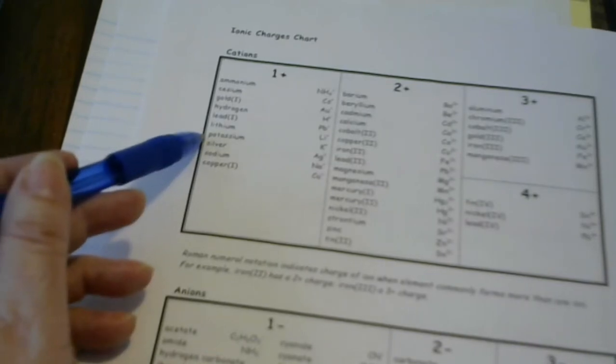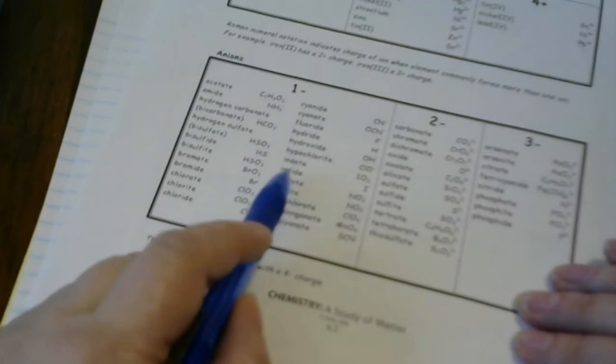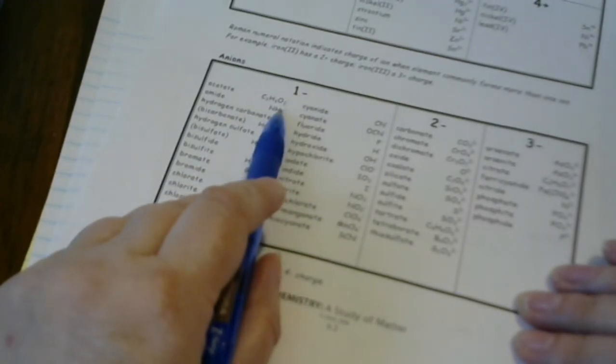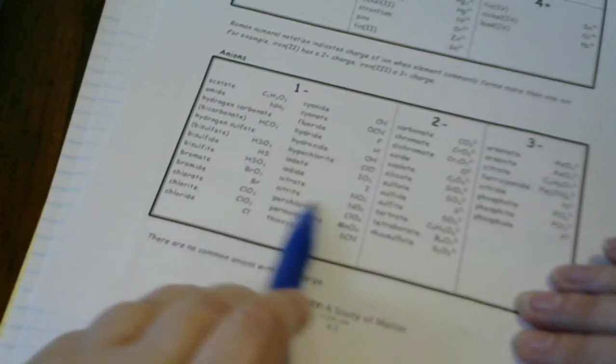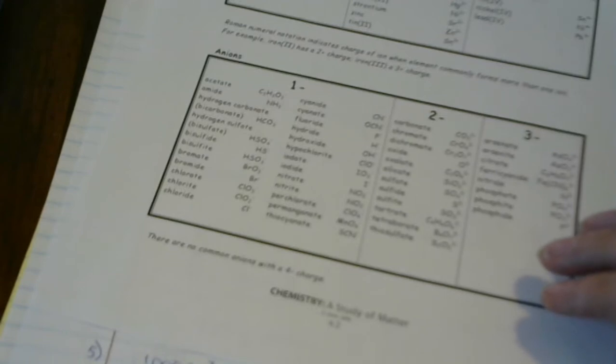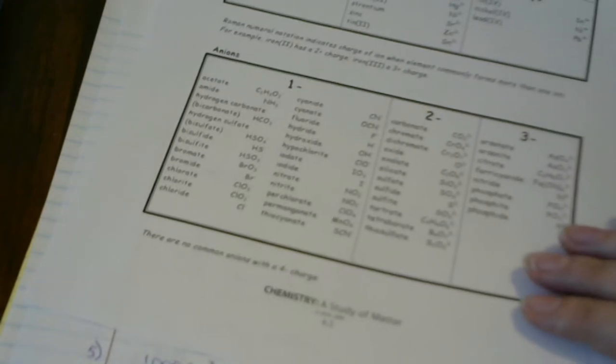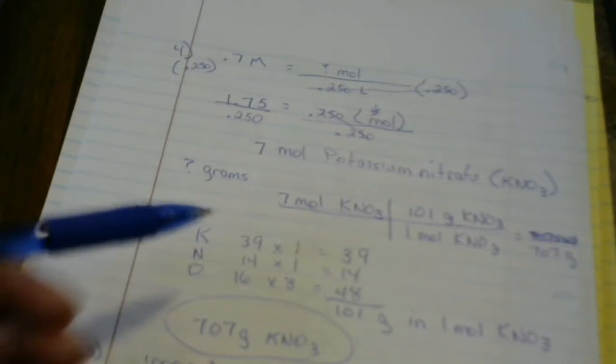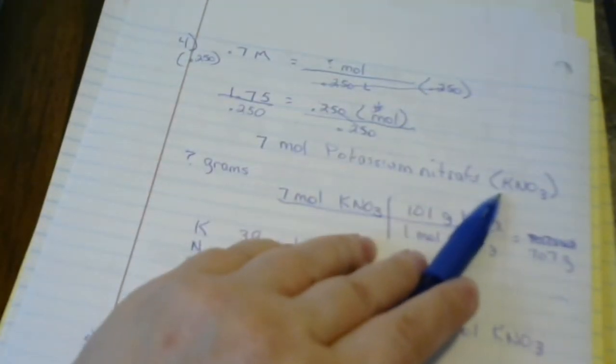This is potassium. Then you're looking for nitrate. That's down here, and it also has a negative 1 charge, so that's NO3. So there's no crisscrossing because both of them have the same charge. So that's how we know potassium nitrate is KNO3.